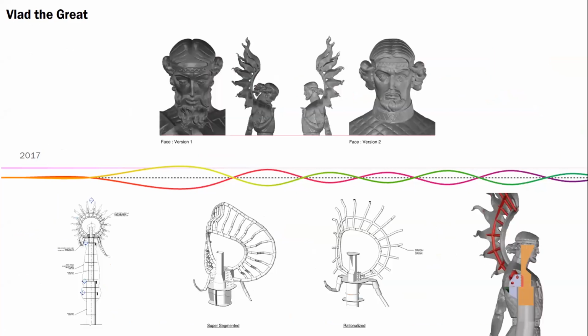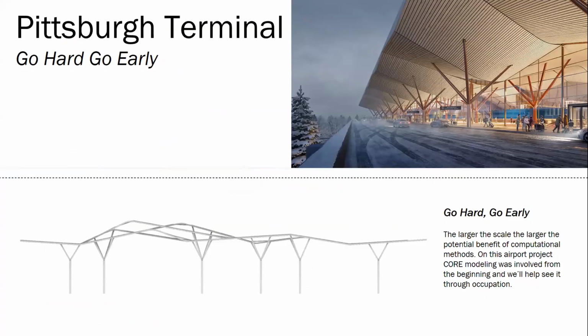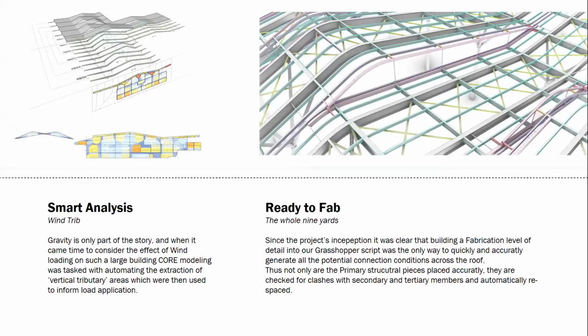My pitch here, for the Pittsburgh Airport, is that the go hard, go early approach is really important. If you can expose members of the team to your thinking parametrically, essentially they'll have ideas. In this case, we were involved very early in the project, and the concept to use Grasshopper to create the wind trib areas was a function of the engineer we were working with seeing Grasshopper in action.